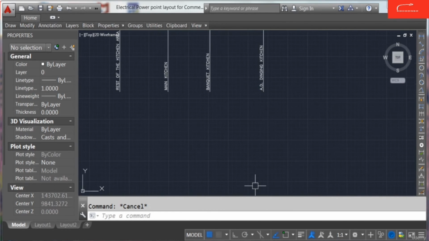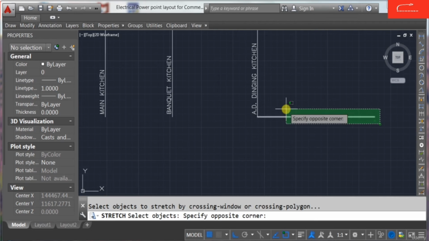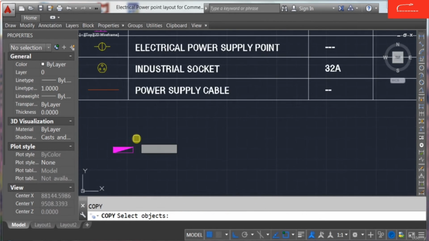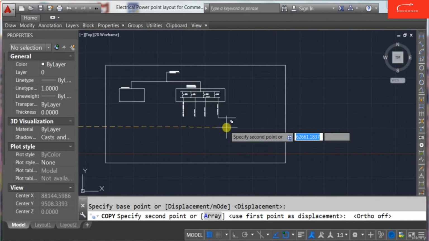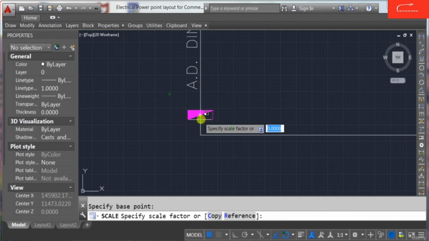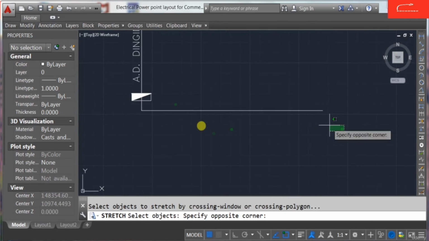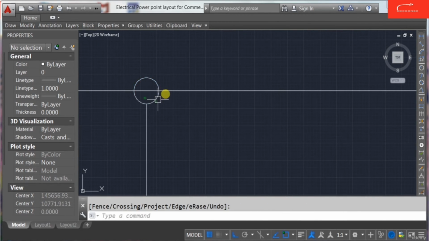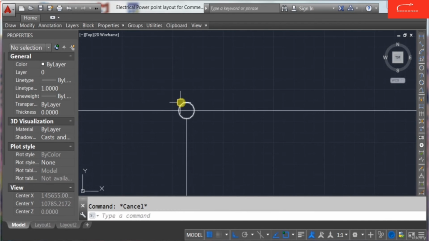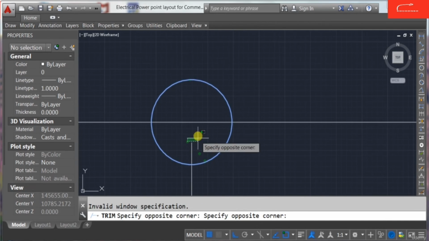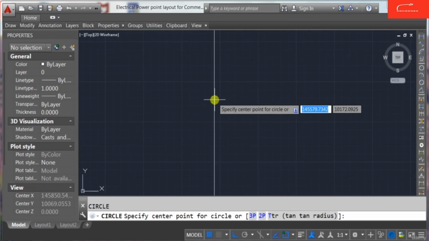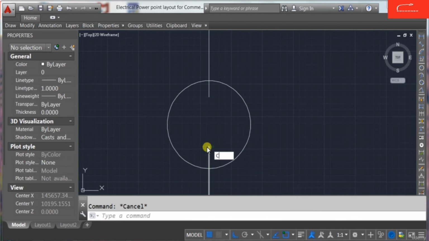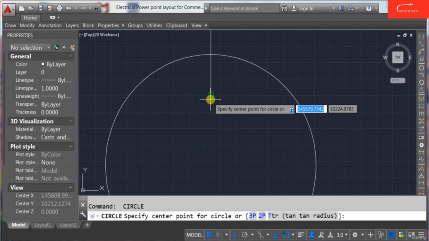So from here we will draw like this. Let us take this distribution board symbol, that is sub DB. From here the branches for the kitchen electrical equipment will be like this. This is the socket symbol.